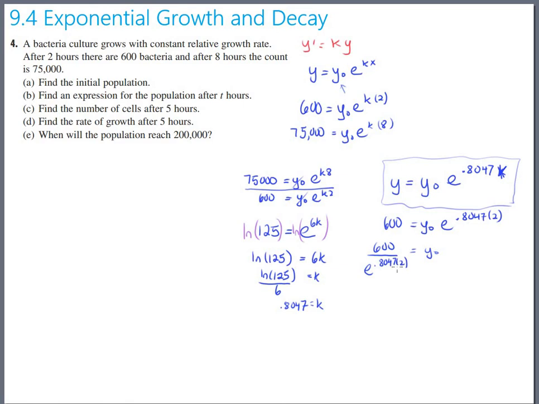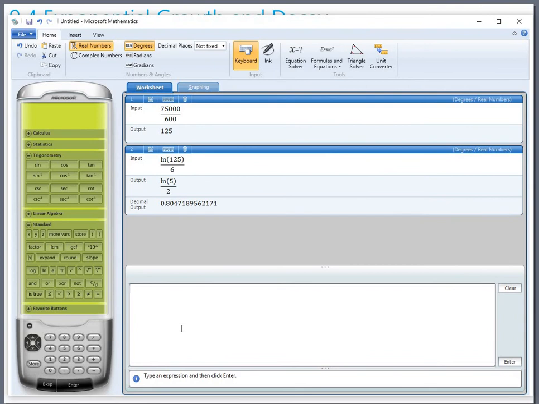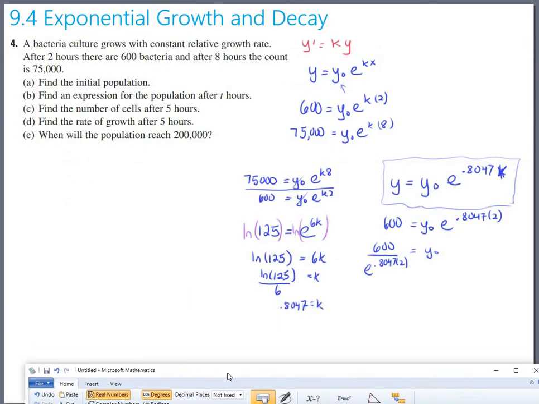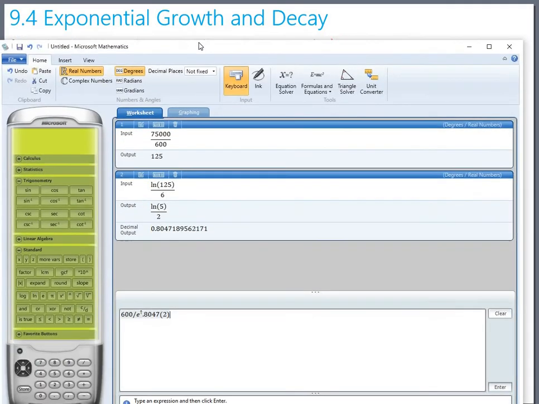And then we can crunch that with the calculator. 600 divided by e to the 0.8047 times 2. Let's see, is that the whole thing? Yep, that was the whole thing.